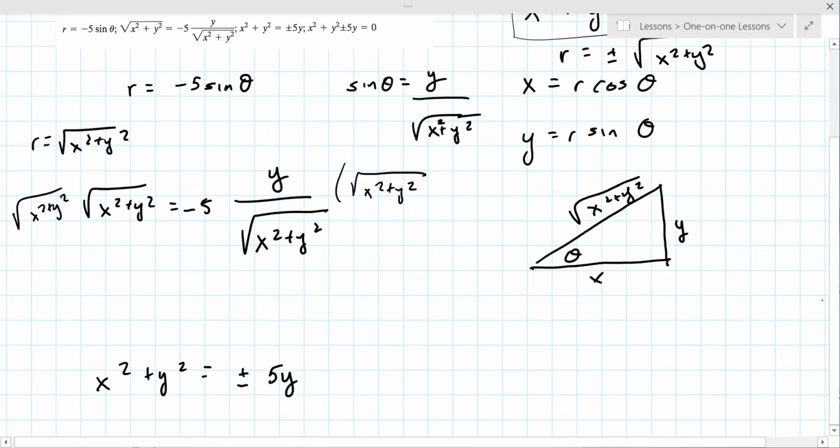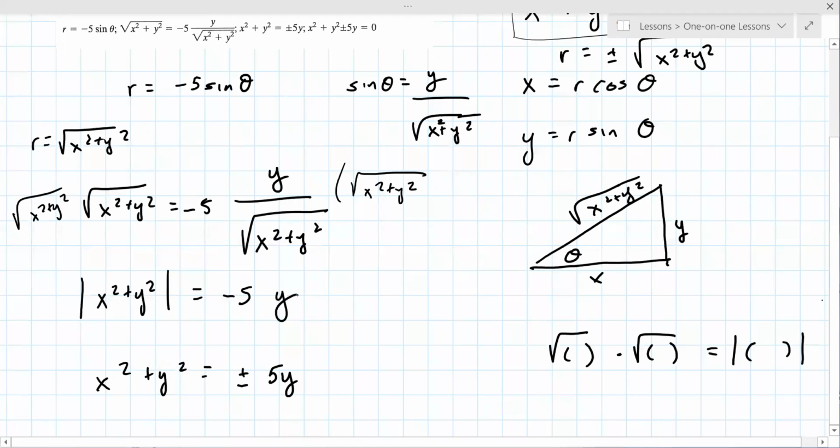The truth, though, is that the square root of something times the square root of something comes to the absolute value of that thing. So on the left, it's the absolute value of x squared plus y squared. But maybe that's not what they wanted either. I'm still not sure where they get a plus or minus here.